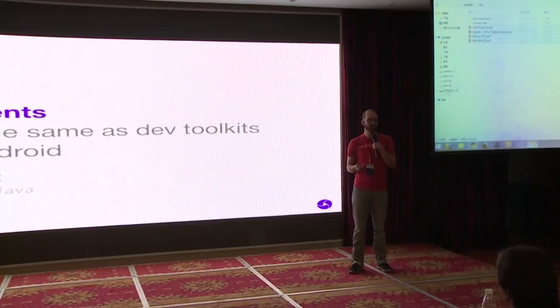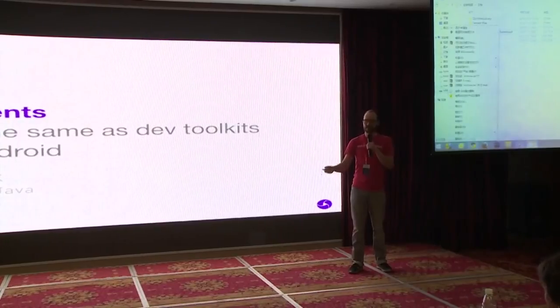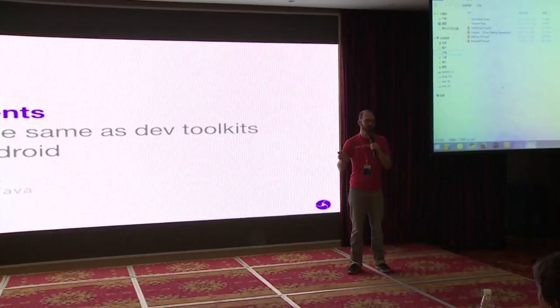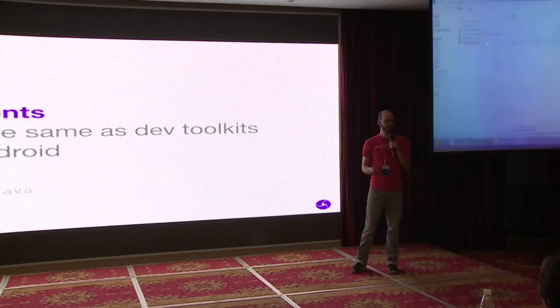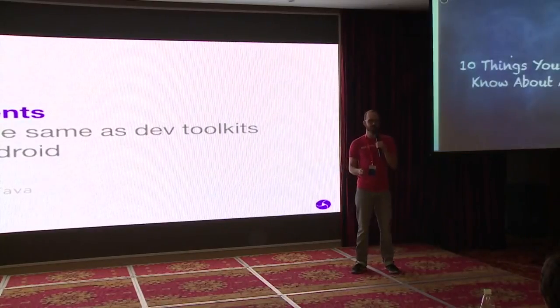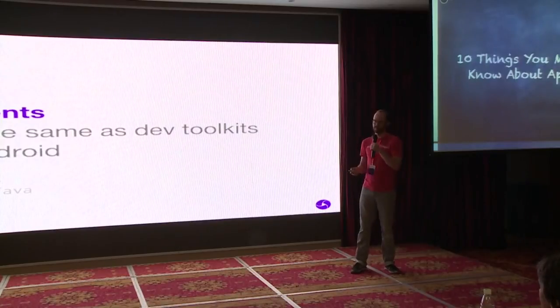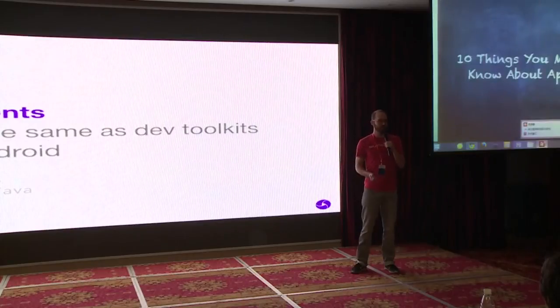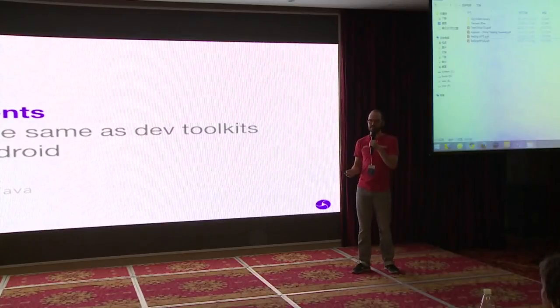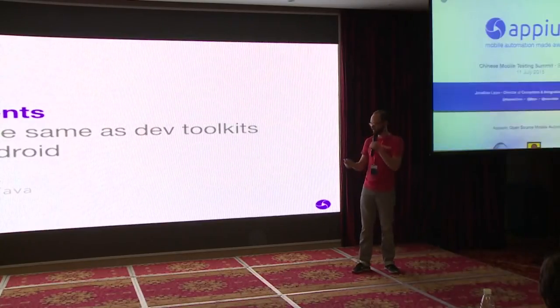Likewise, for Android, if you want to test an Android app, you need to have the Android developer tools. This makes it a little more complicated than simply using Selenium, because these extra tools are prerequisites for the automation technologies that Appium uses.